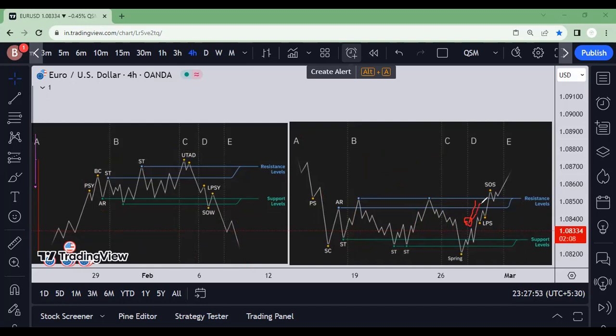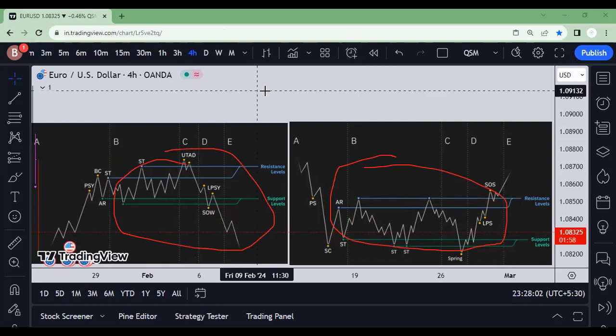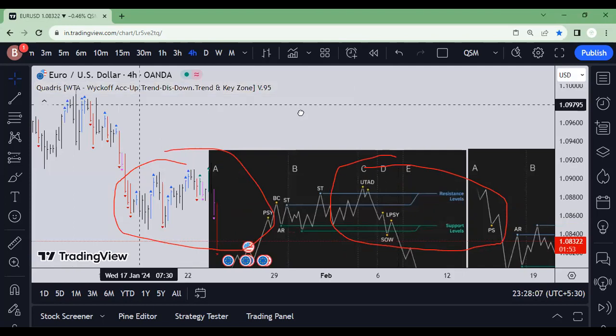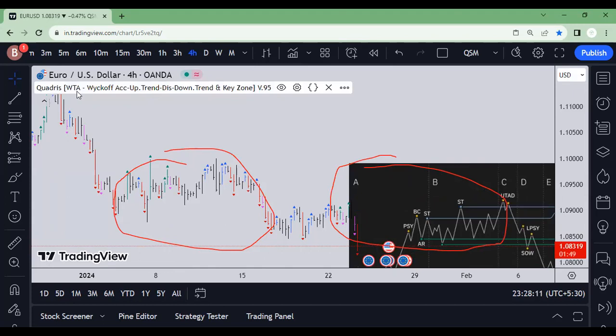So this made me go into detail of the schematic, and I came up with this tool or indicator, you can say. Wyckoff Quadris, WTA is my baby, Wyckoff Training Academy.